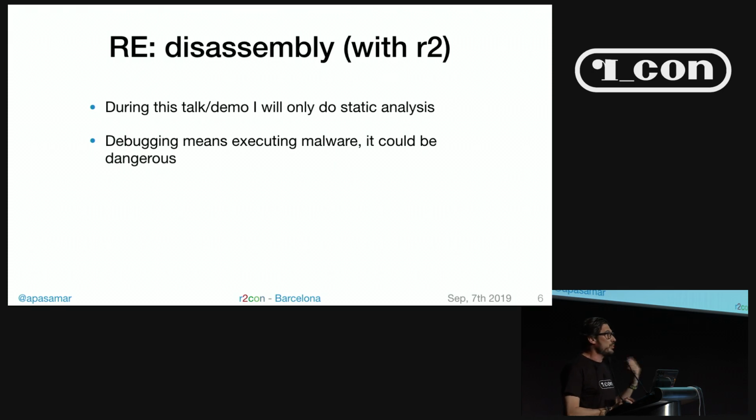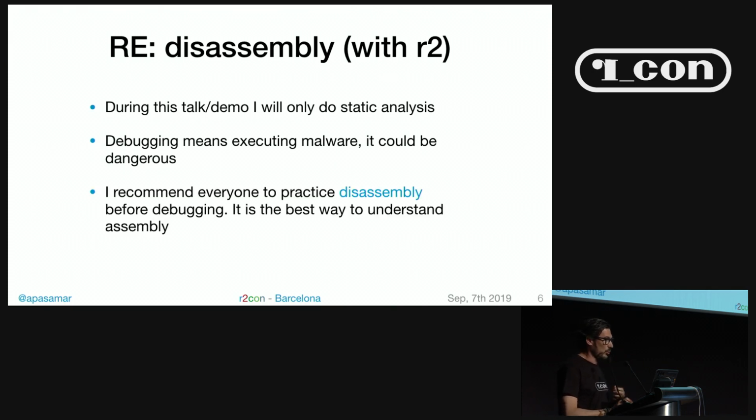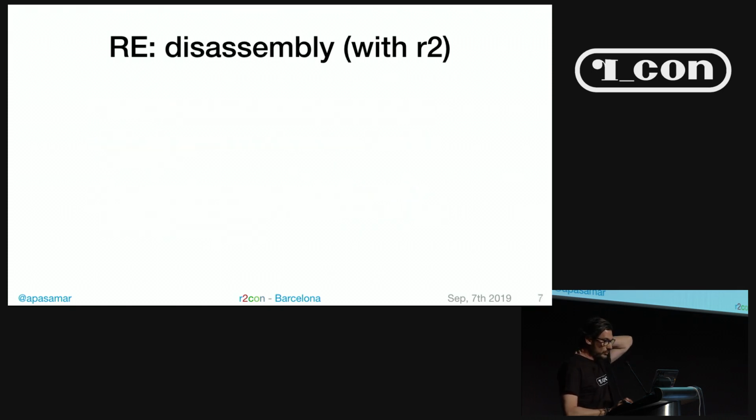So if you don't have very good skills at the beginning, it's better to do only static analysis. With static analysis, there will be no problem, and it will help everybody to understand better what the malware is doing. I recommend everyone to start with disassembly before debugging. It's the best way to understand it.